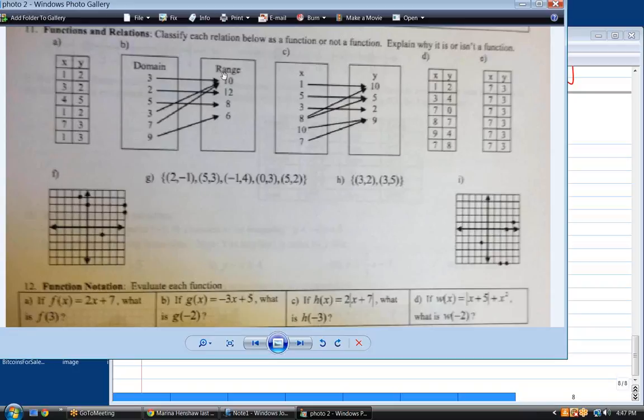So, is this a function or not? Yes, it is. Because, and the because is important, for every value of x, in other words, for every value in the domain, you have a unique value in the range. 3 is equal to 10, 2 is equal to 12, 5 is equal to 8, 3 is equal to 10 again, that's fine, same number. 7 is equal to 10, that's fine.